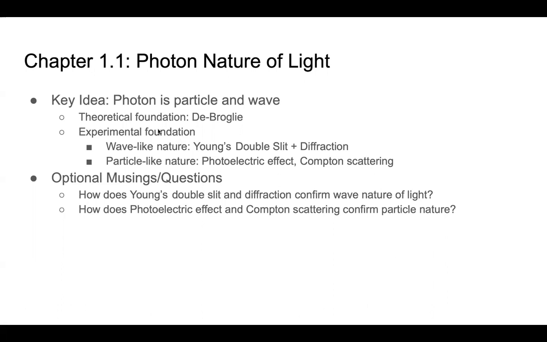The experimental foundation for the wave nature is Young's double slit experiment, where light goes in and you get an interference pattern, which can only happen if light is a wave.